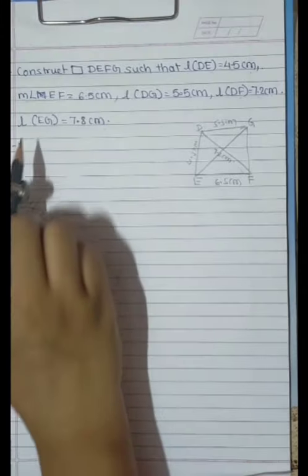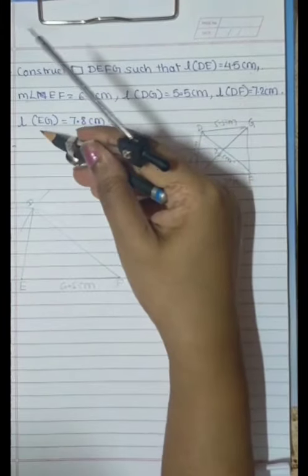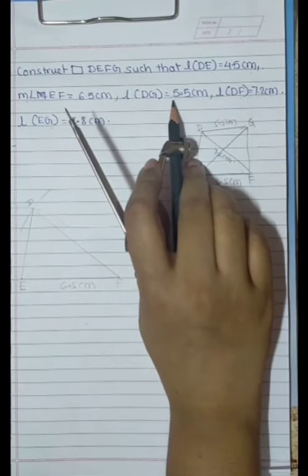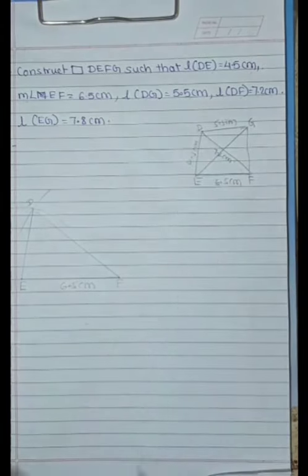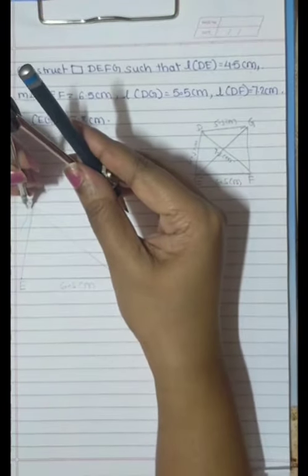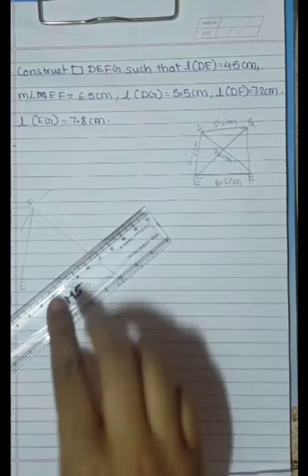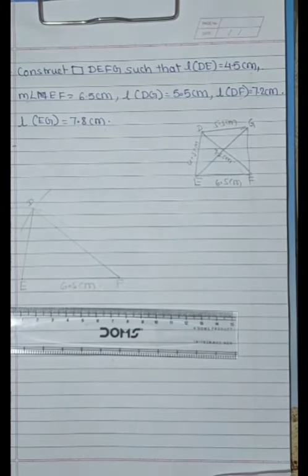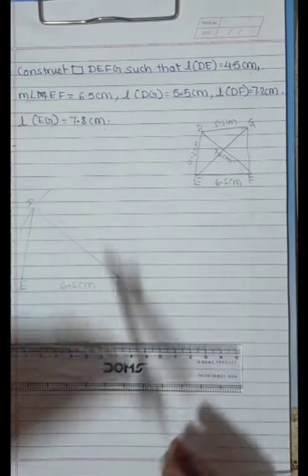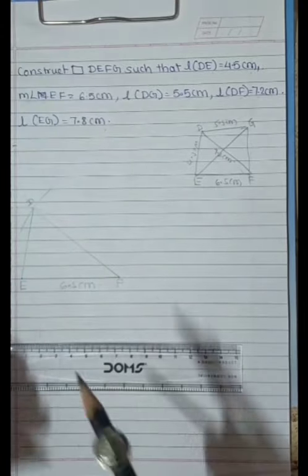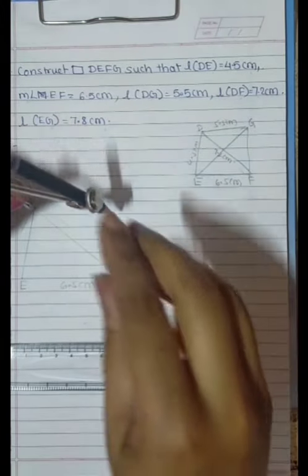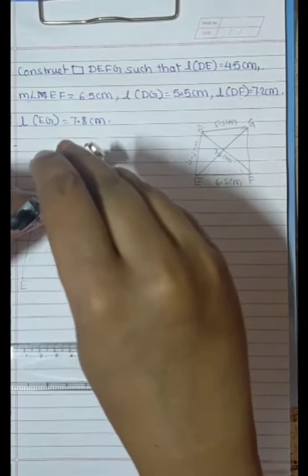Now here EG is given 7.8 centimeter and DG is given 5.5 centimeter. So DG we have to take 5.5 centimeter. This is our 5.5 centimeter, that is DG. So I am taking it here with the help of this, and will make one arc.